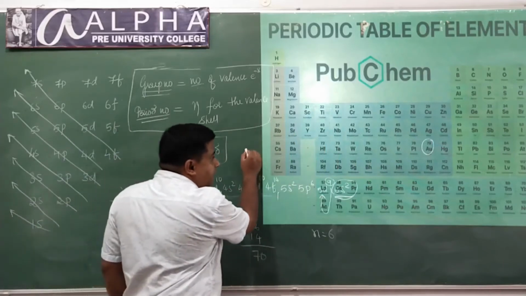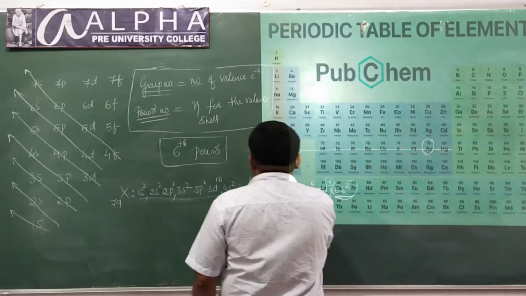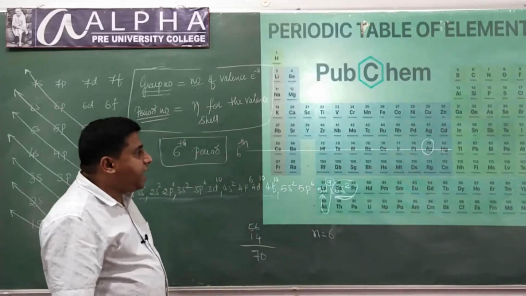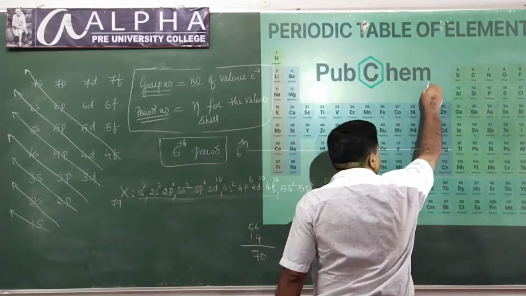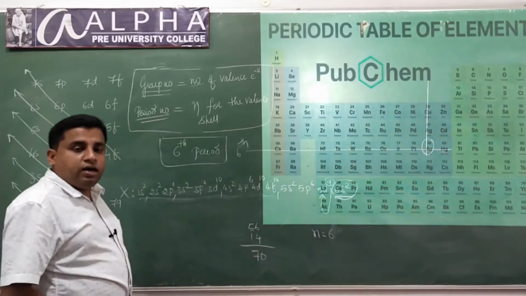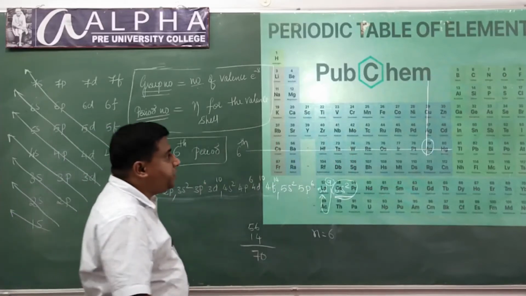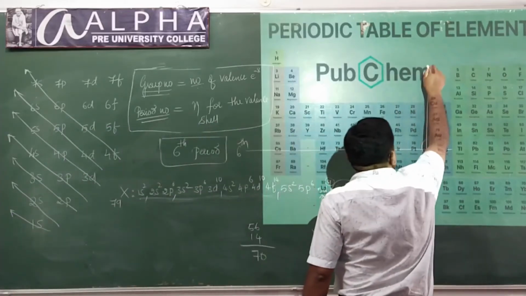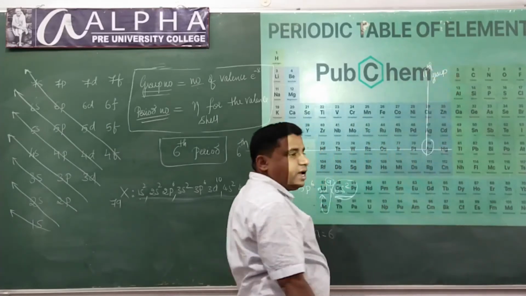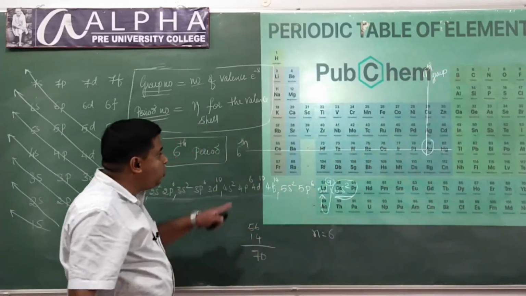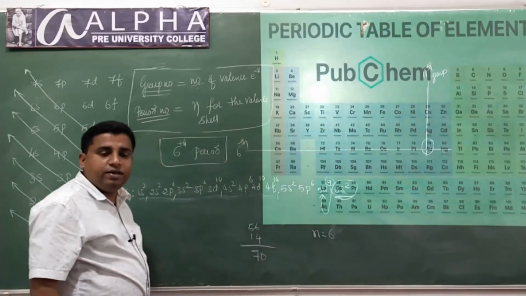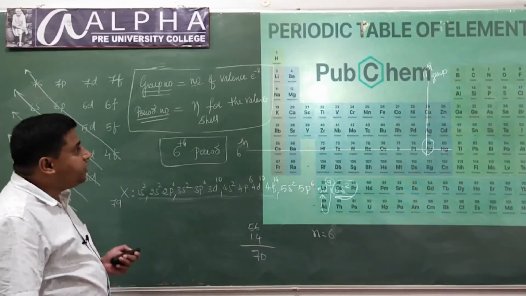I told you the element belongs to the sixth period, and it belongs to the 11th group. Gold, the atomic number of gold is 79. It belongs to the sixth period and 11th group. Am I correct? Yeah, so we got the answer.